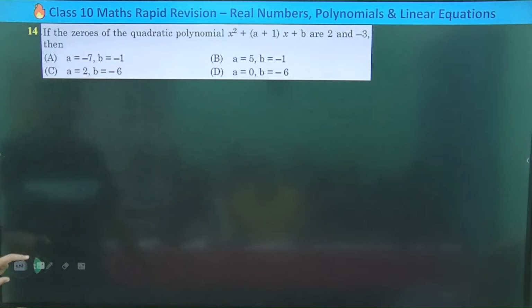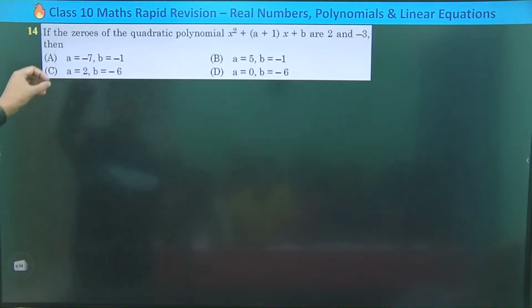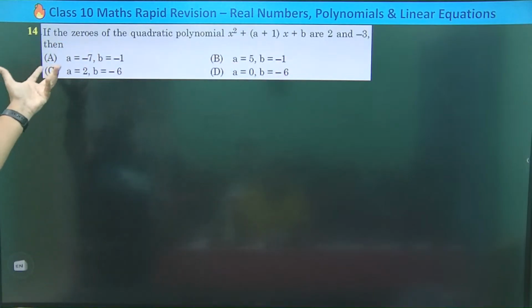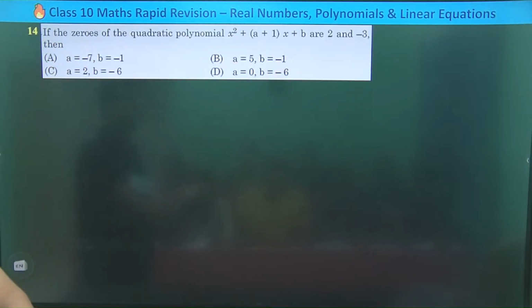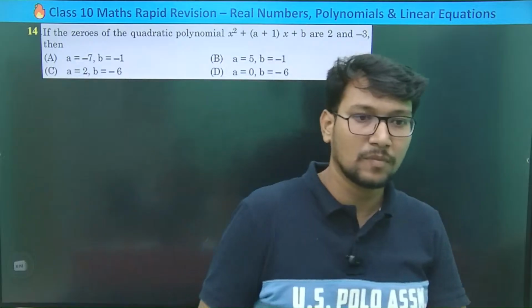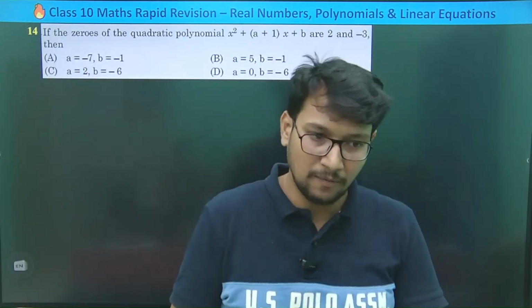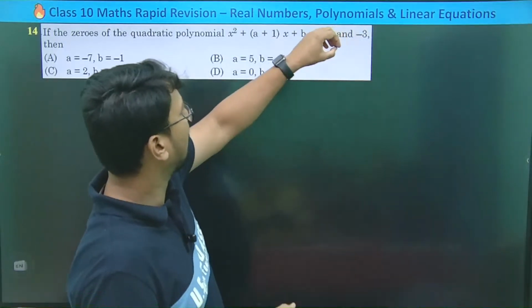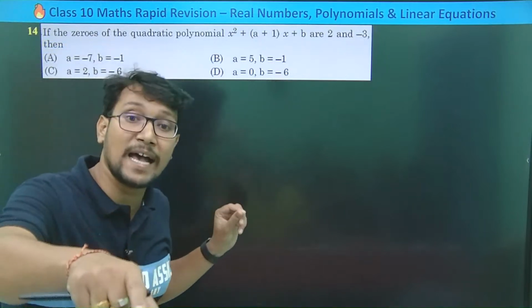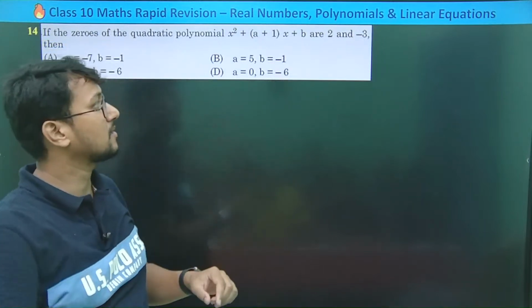Next question. If the zeros of a quadratic polynomial are 2 and minus 3, then what are a and b? Find a and b. Zeros are given, children. What does zero mean? Alpha and beta are given. You will put them in place of x.